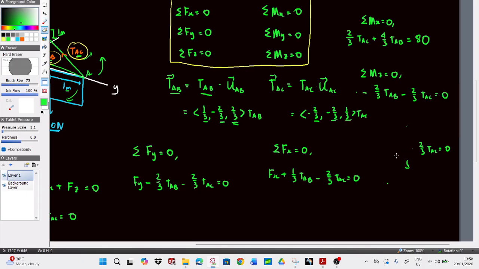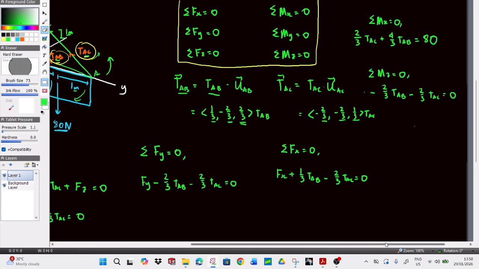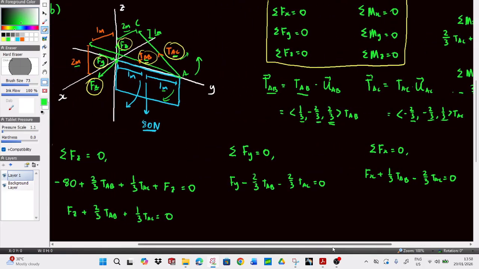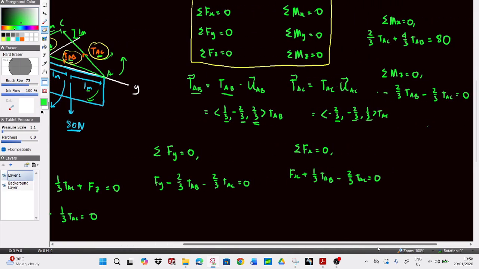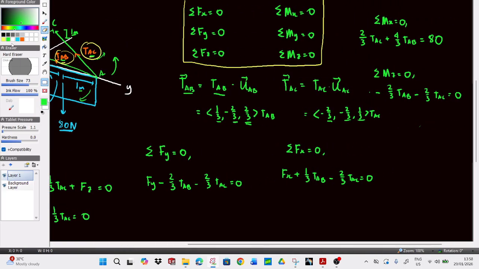Now by having these 2 expressions of TAB and TAC, we solve them simultaneously. I'm going to take this as expression number 1 and expression number 2, and solve 1 and 2 as simultaneous equations.